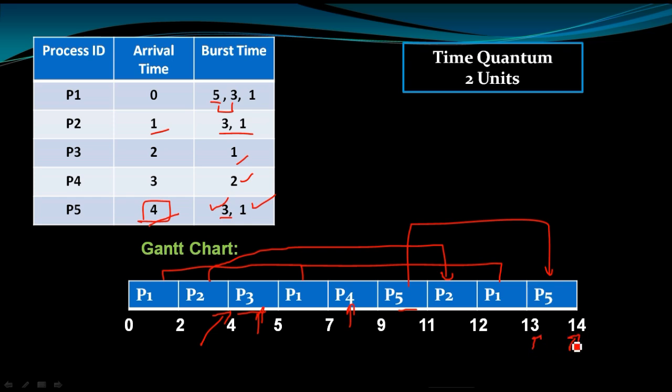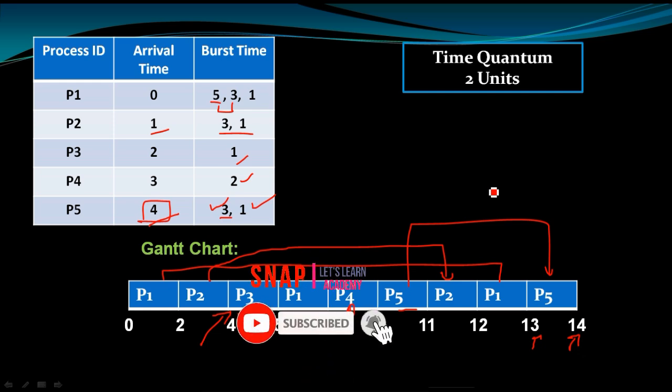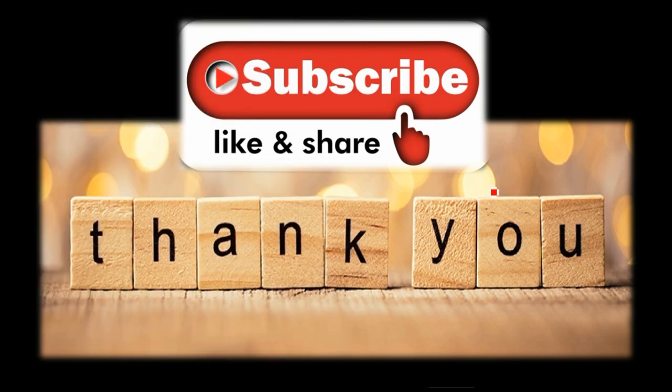So if all the processes have different arrival times, in this fashion you can prepare the Gantt chart and also calculate the average waiting time and average turnaround time, which I have already explained in the previous video. So this is all for this example.